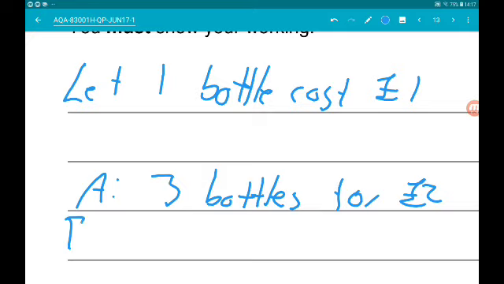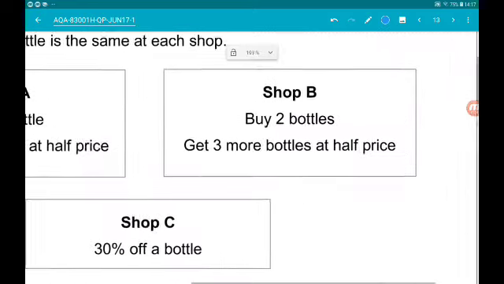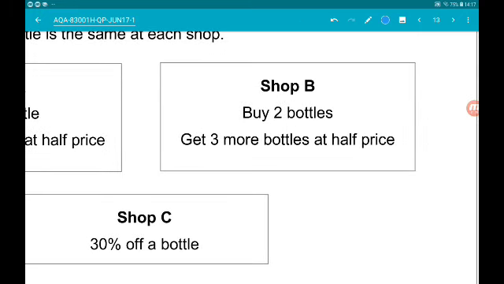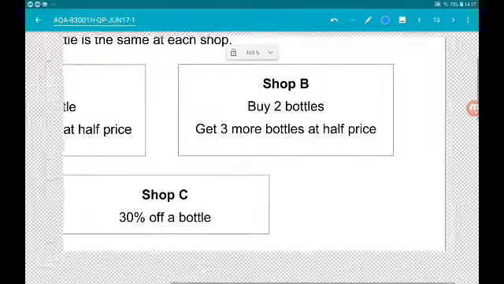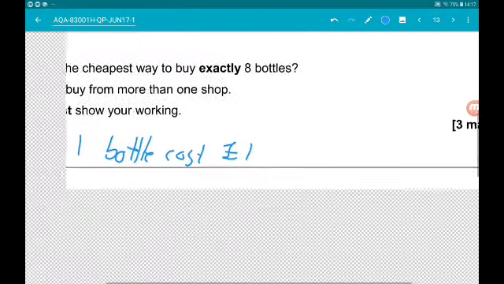Okay, at shop B, if we buy 2 bottles, then we get 3 more bottles at half price. So that means that we can get 5 bottles for £3.50.